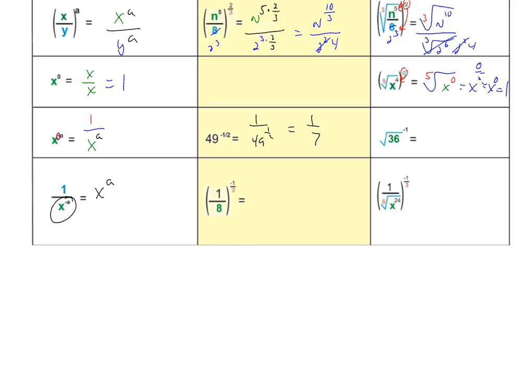I have no idea. Probably because it's easier to deal with. Why did I do 36? Let's make it 49. What in the world? So in this situation, this is 1 over the square root of 49, which again is 1/7.